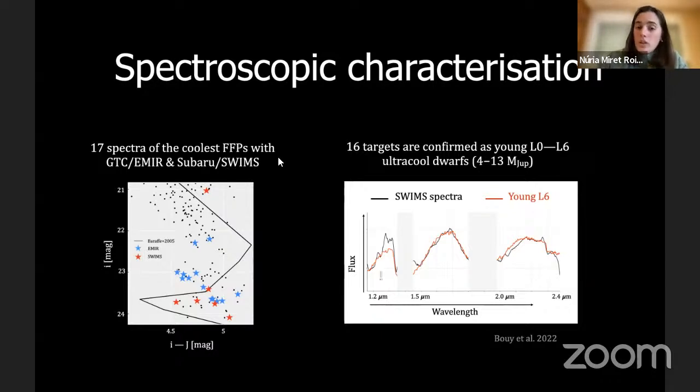And the good news is that out of these 17 targets, we could confirm 16 as ultra-cool dwarf objects between 4 and 13 times the mass of our Jupiter. This is a really high success rate. And since our initial sample was random, we have reasons to believe that the family of free-floating planets that we published, in fact, has a very low contamination rate.